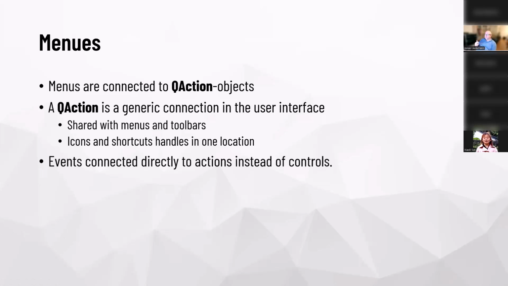It handles the icon that is displayed in the toolbar, the text that is displayed in the menu, and the shortcut that is used to press a key and initiate that action at the same time. And you connect your code to these actions directly instead of the controls. So you don't connect the menu item object to your source code. You connect the action object to your source code. So the signals are going from the action object to your code.